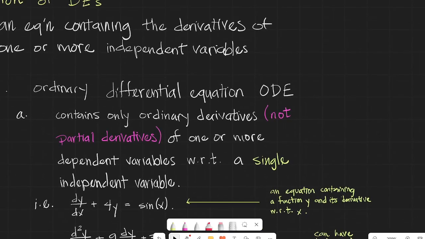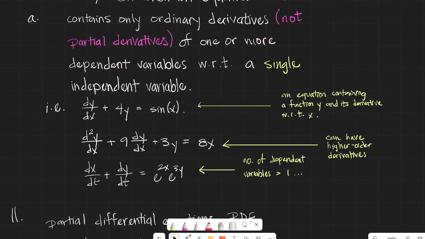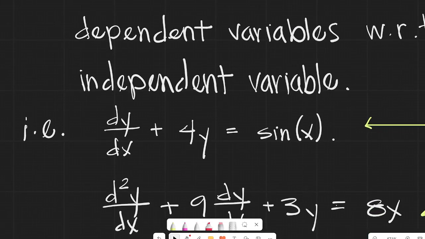So these ordinary differential equations can be the derivatives with respect to a single independent variable and one or more dependent variables, okay? So here are some examples. The first one, dy dx plus 4y equals sine x.